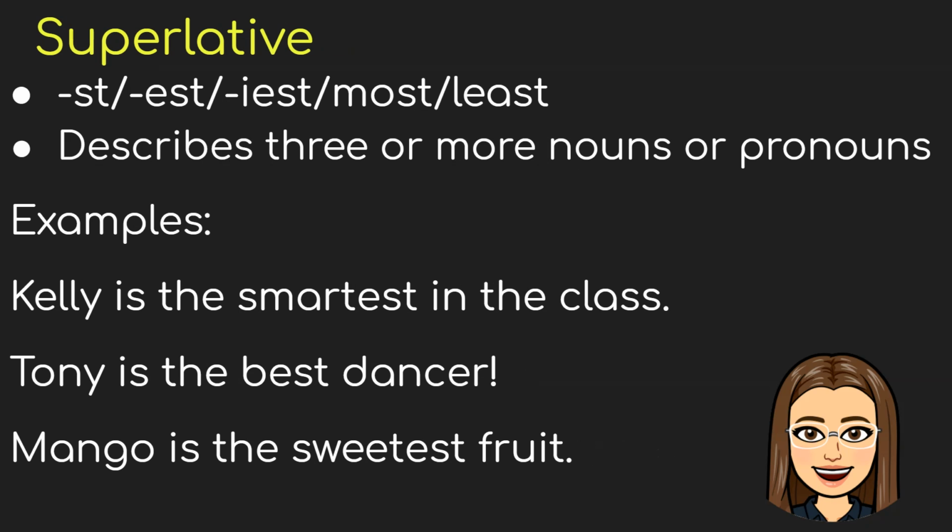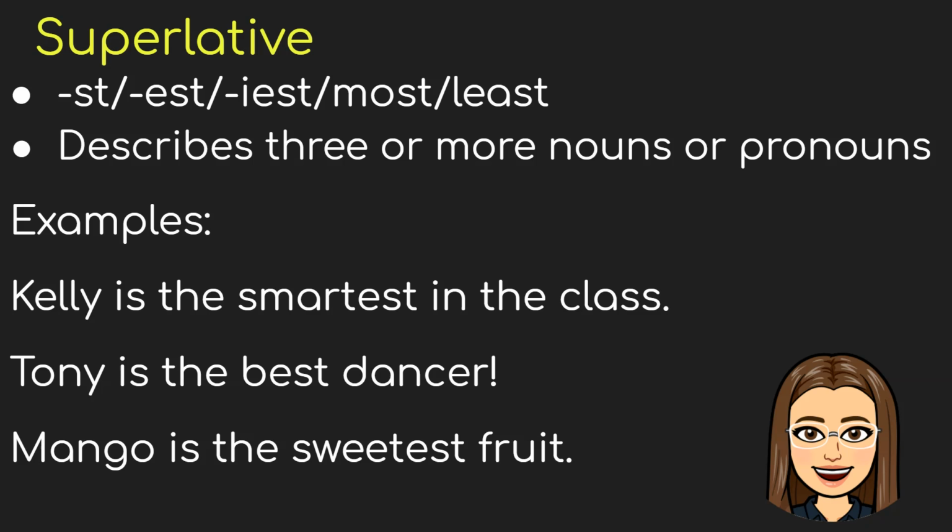Now let's talk about the superlative degree of adjective. For this one, we are going to end our adjective with the letters st, est, or iest. Or we can also use the words most or least before our adjective.